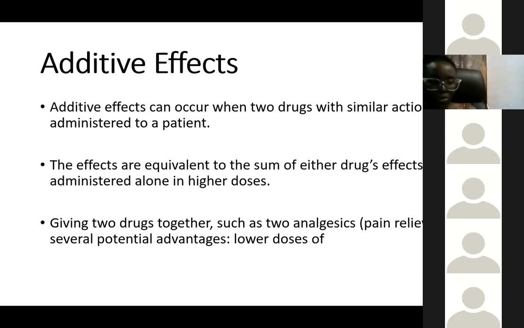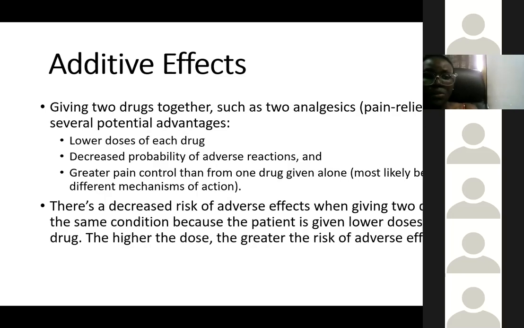So giving the 2 drugs together has several potential advantages. For example, it gives lower doses of each drug, so the potential for side effects is less. The patient also gets greater pain control than if they had just gotten one medication.